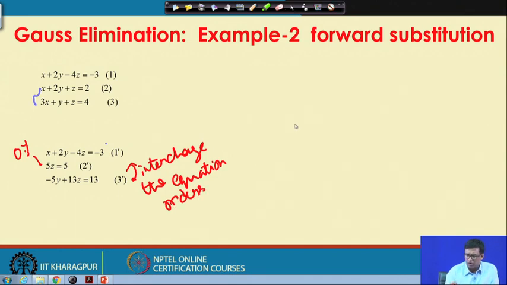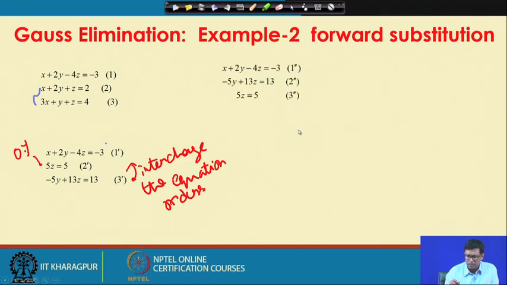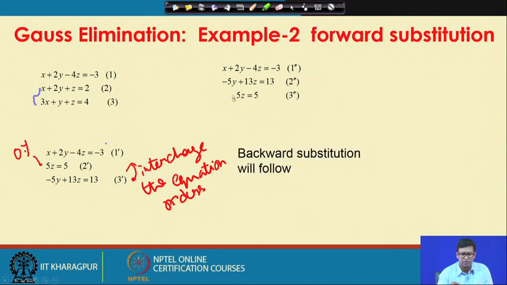And what we will get here is like this, which already gives us a triangular system, because x is eliminated from the second equation, and x and y are eliminated from the third equation. So, forward elimination is in a way complete, and backward substitution will subsequently follow, in which I will find z first and then y, and I will get x, y and z independently.